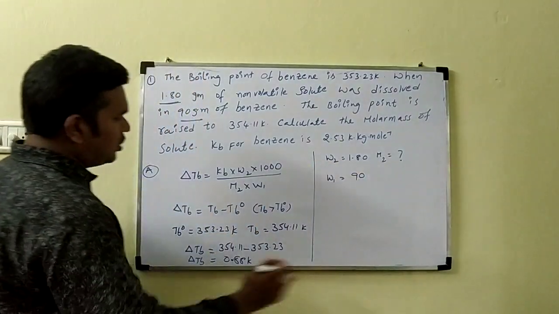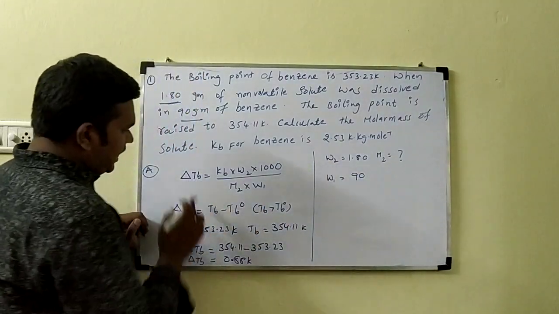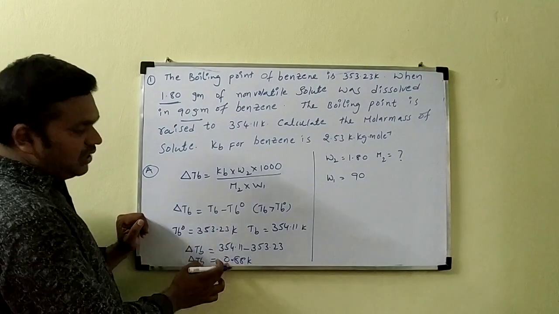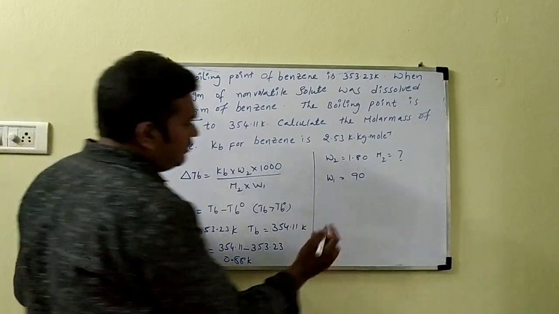Now I want to substitute all the values in this formula. The delta Tb value we have is 0.88 Kelvin.